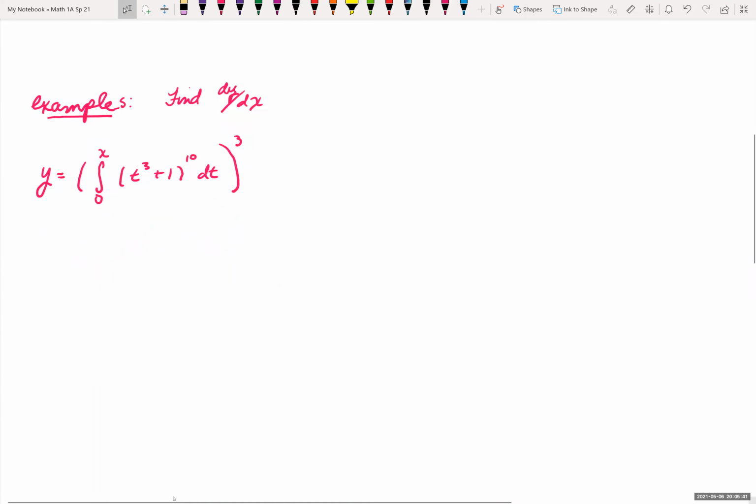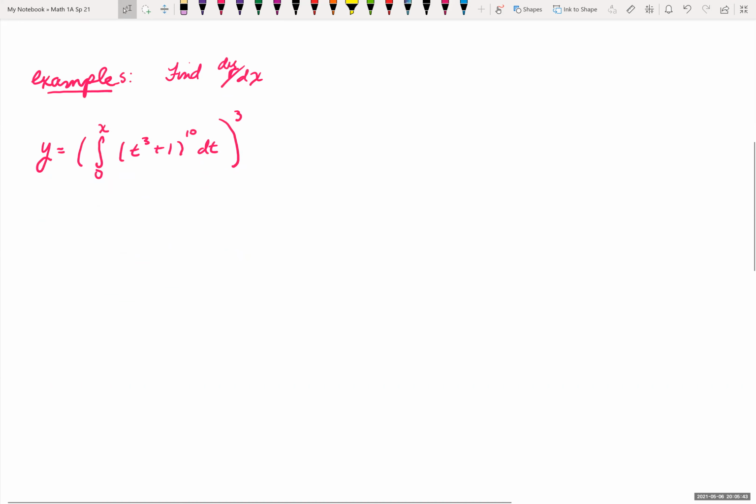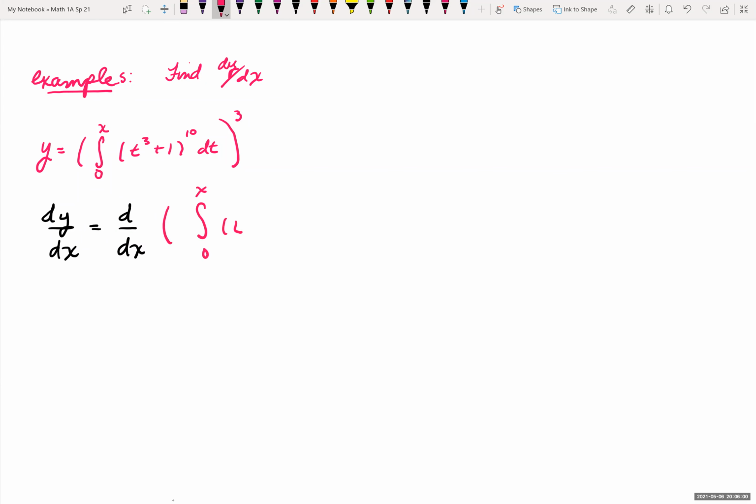So notice when we take the derivative of both sides, let me just write that I'm going to take the derivative of the right-hand side. The integral from 0 to x of t cubed plus 1 dt, and that whole thing is cubed.